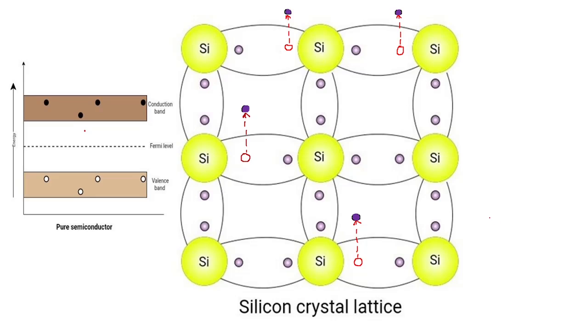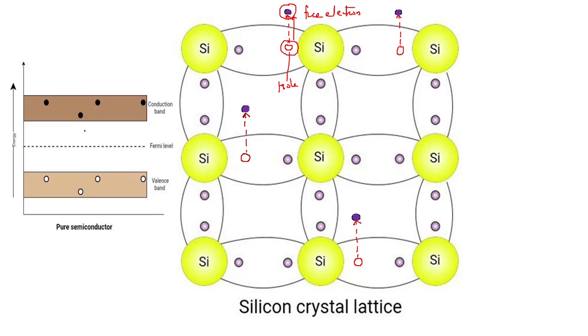In this figure you can see an electron which was here in this place has come out and become a free electron. The place from where it has come is assumed as a hole.